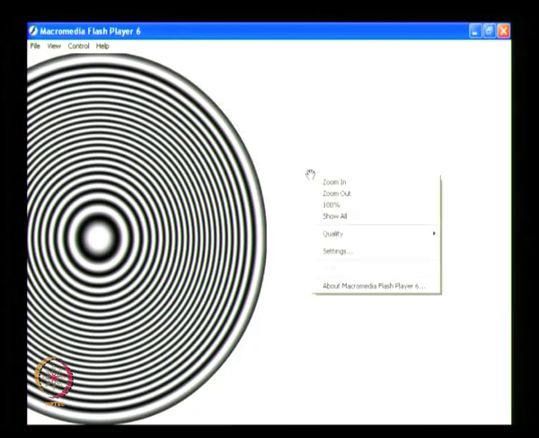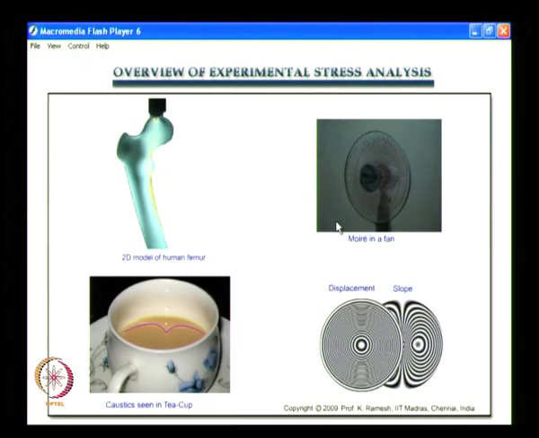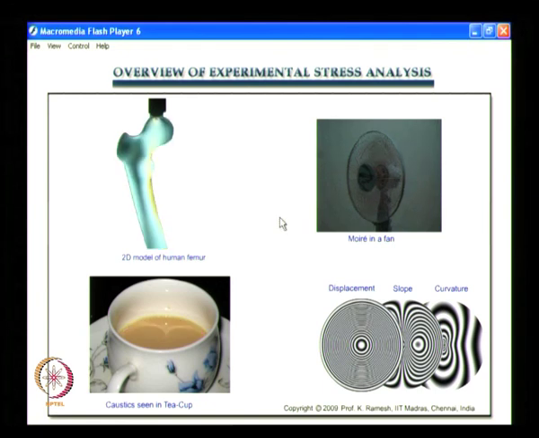So, what you find here is that now you have a familiarity with how the whole field information looks like. So, this knowledge will go a long way in appreciating, when you do the experiments, what patterns you have and how you have to interpret them and so on and so forth.